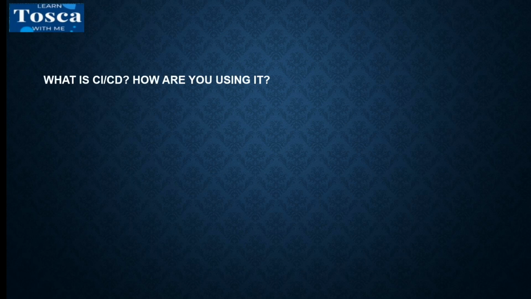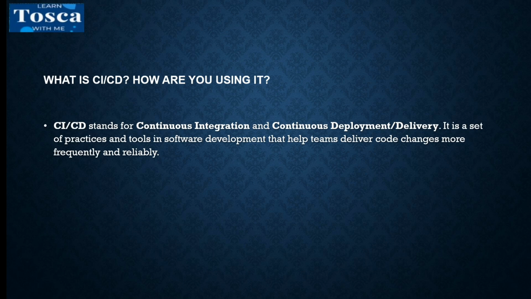So what is CI/CD and how are you using it? As you might all know, CI/CD stands for continuous integration and continuous deployment. Let me tell you in short, we basically use CI/CD to schedule our test cases.